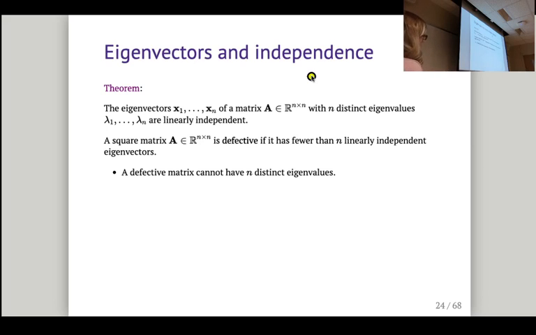If we have a square matrix that has fewer than n linearly independent eigenvectors, or fewer than n distinct eigenvalues, we call this defective. So these matrices are defective. Their eigenvalues are repeating, their eigenvectors are not independent.